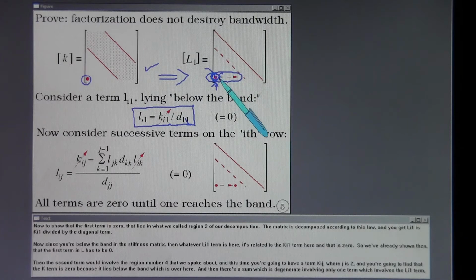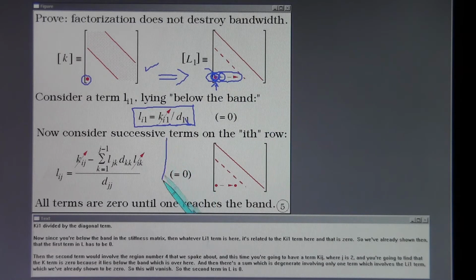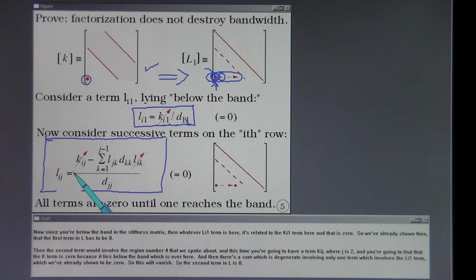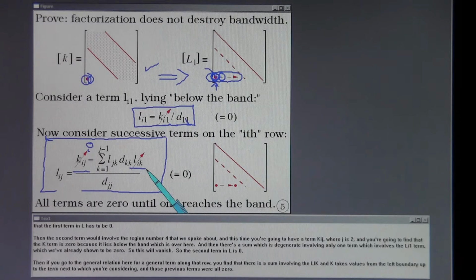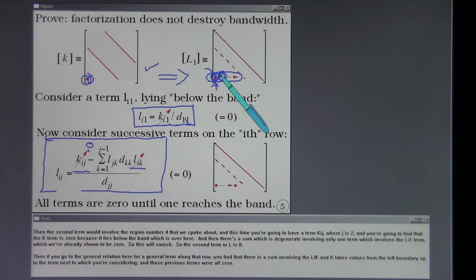Then the second term would involve the region number 4 that we spoke about, and this time you're going to have a term Kij, where j is 2, and you're going to find that the K term is 0 because it lies below the band, which is over here. And then there's a sum, which is degenerate, involving only one term, which involves the Li1 term, which we've already shown to be 0. So this will vanish. So the second term in L is 0.